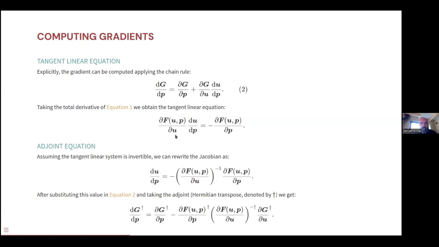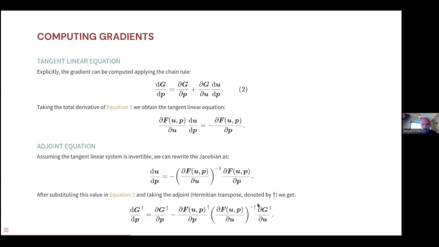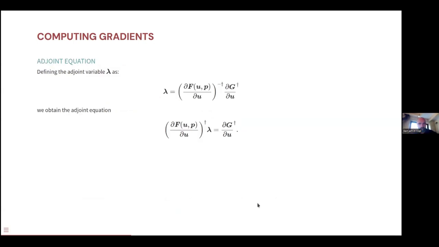Assuming this linear system is invertible, we can rewrite the du over dp as this, and you substitute that back into equation 2. You obtain this equation. The key idea is to name this last bit as lambda, that we call the adjoint variable.